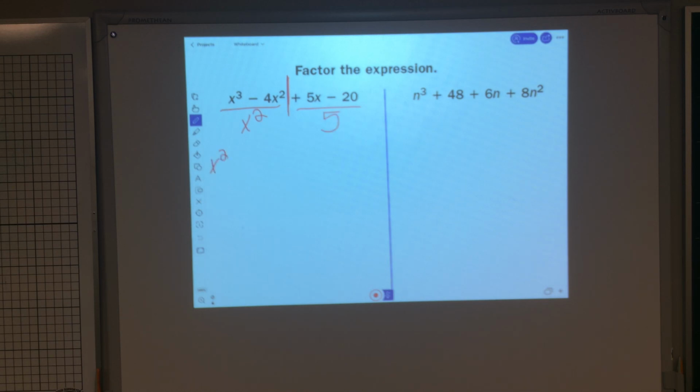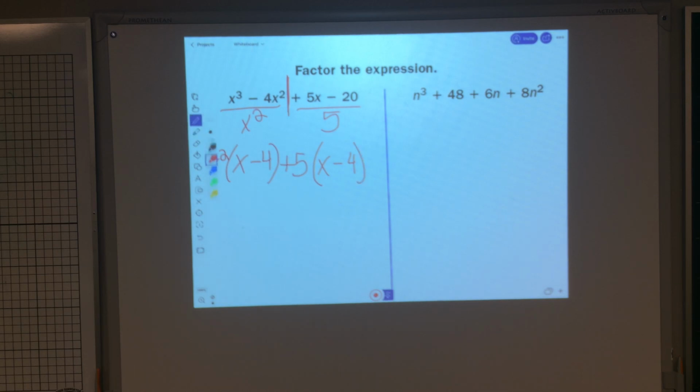So I factor out my x squared: x squared times x gives me x cubed, and x squared times a negative 4 gives me negative 4x squared. If I look at the second one, I pull out a positive 5. 5 times x will give me 5x, and negative 20 divided by 5 is negative 4.